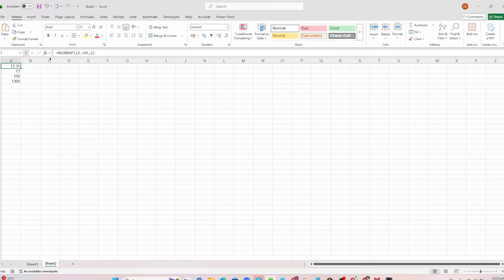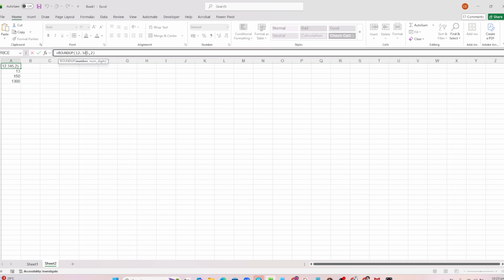Number is the value you want to round, and it can be a typed number like 12.345 or a cell reference like A2. Num_digits controls how precise you want the result to be. Use positive numbers to keep decimal places, 0 to round to a whole number, and negative numbers to round to the left of the decimal, such as tens or hundreds.